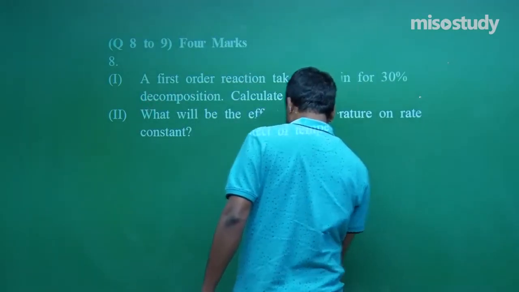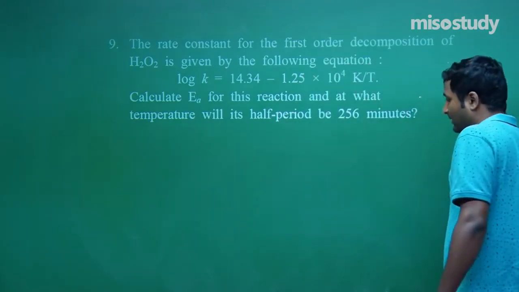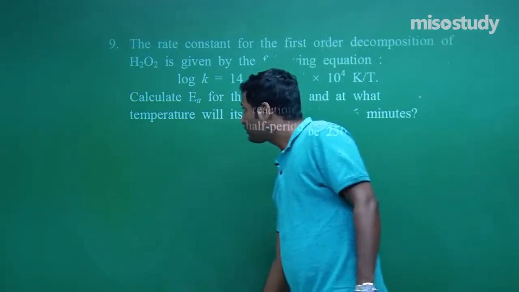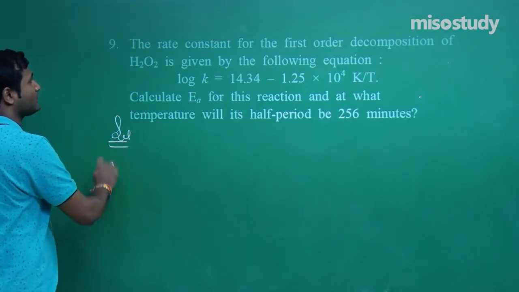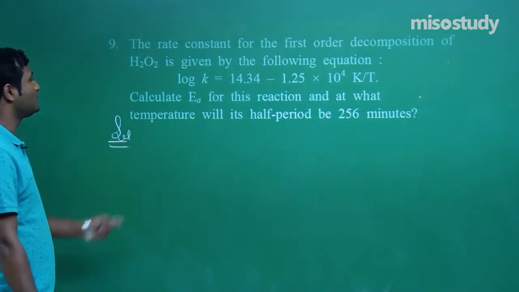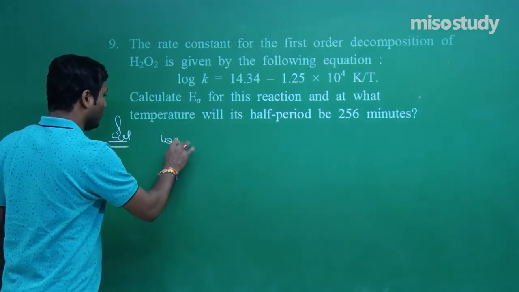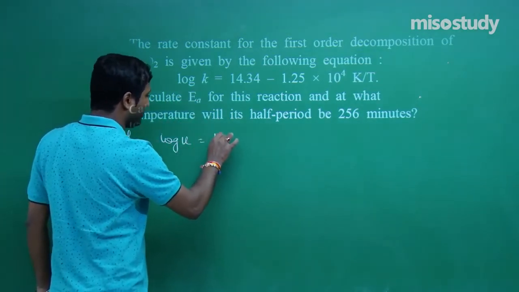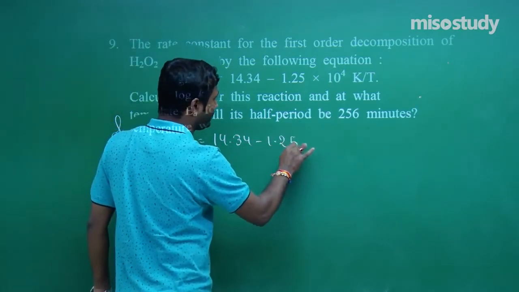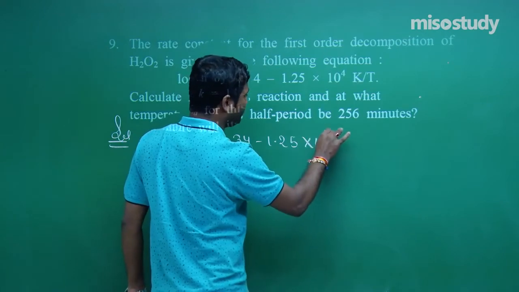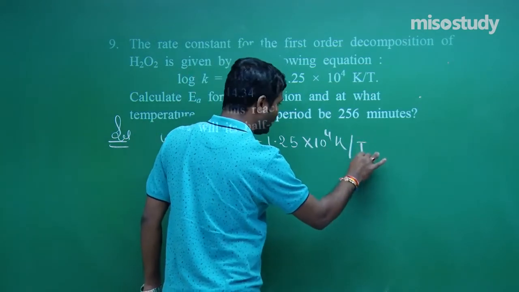Now, what is given here? Look at the question. The rate constant for the first order decomposition of H2O2 is given by log K is equal to 14.34 minus 1.25 into 10 to the power 4 K upon T. This is the case.